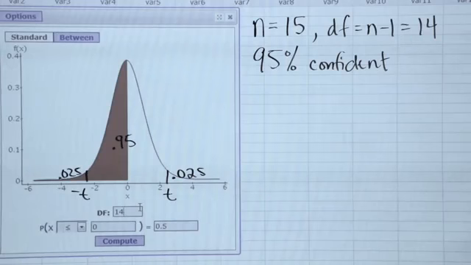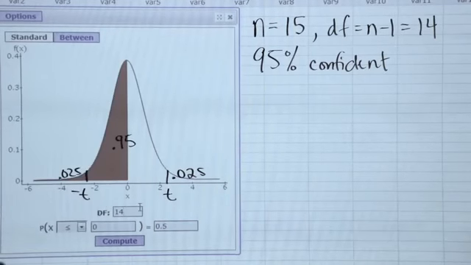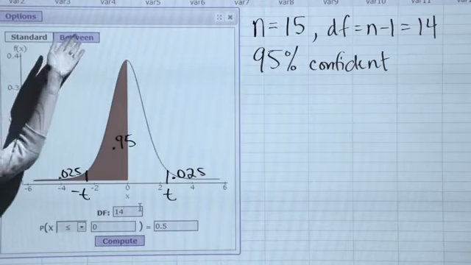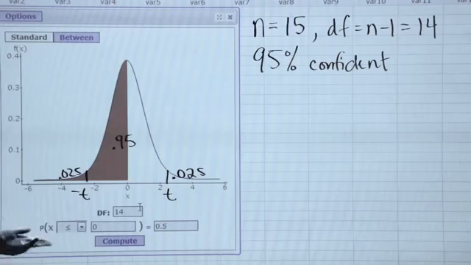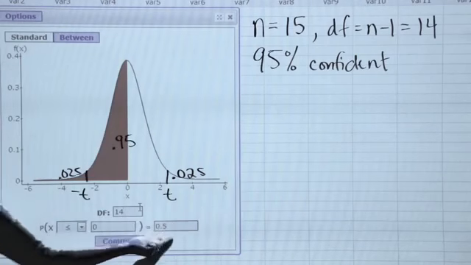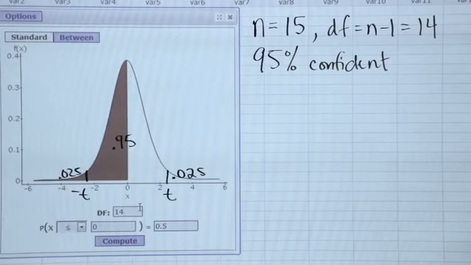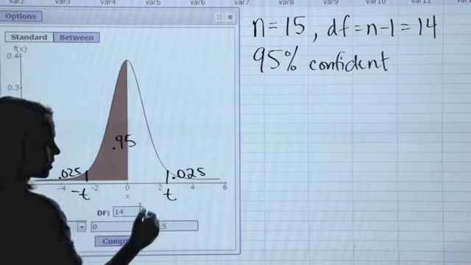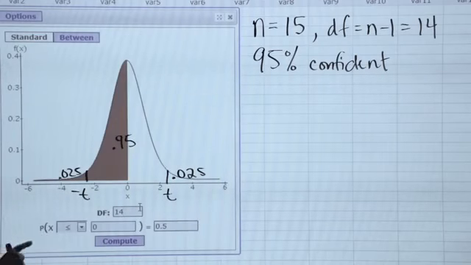So I've somehow got to tell StatCrunch that I want the area in the middle to be 0.95. There is a between function, but it doesn't work very well for this. It won't allow you to say I want the area in the middle to be 0.95. So we're going to go with one of the tail areas. I'll pick the right tail and say I'd like the area in that right tail to be 0.025.